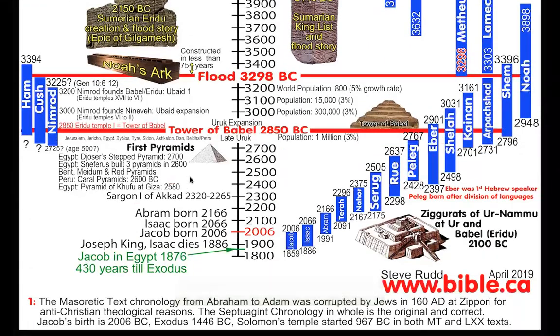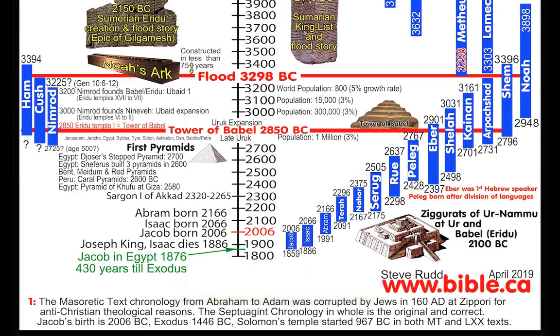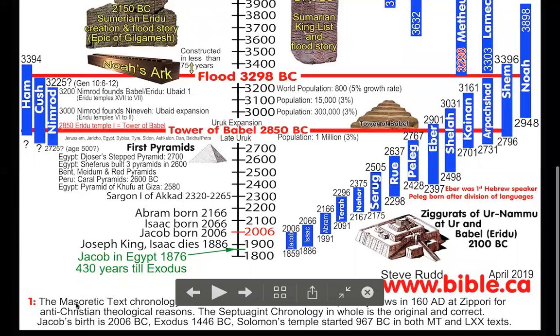They have a note down here at the bottom. I'm not sure you can read this because of the screen, but you can certainly see it in the slides of the Google Drive. It says down here, the Masoretic text chronology from Abraham to Adam was corrupted by Jews in 160 AD at Zippori for, it says, anti-Christian theological reasons.